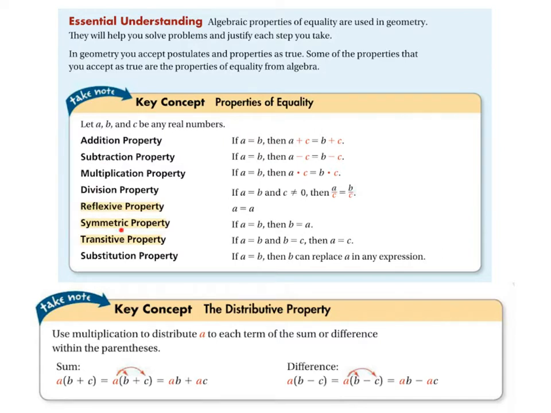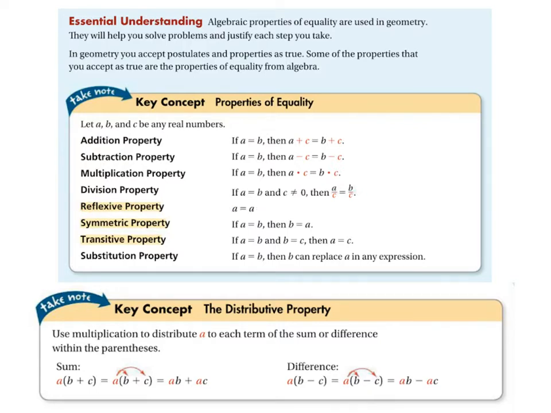Now these are a few that you intuitively understand, but you need to be able to use their names. The reflexive property: A equals A. You can think about the reflection in a mirror. Let's say the mirror is running along the equal sign, and what you're seeing is the same on both sides. It's reflecting back over itself.